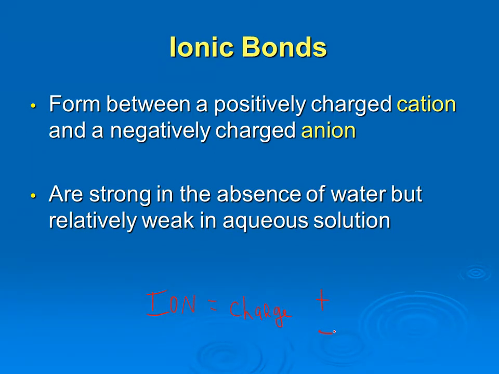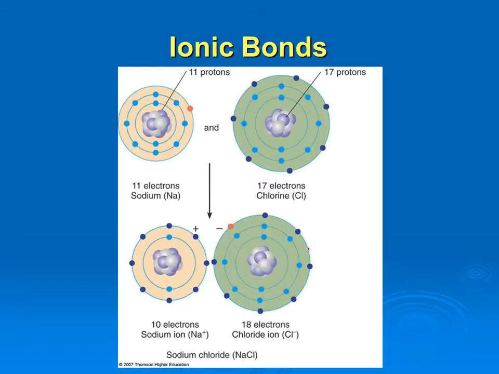And so these substances, a good example of an ionic compound is sodium chloride. On its own, sodium would have a positive charge. Chloride would have a negative charge, and these would come together to form an ionic bond. And that's exactly what you see here in this example.